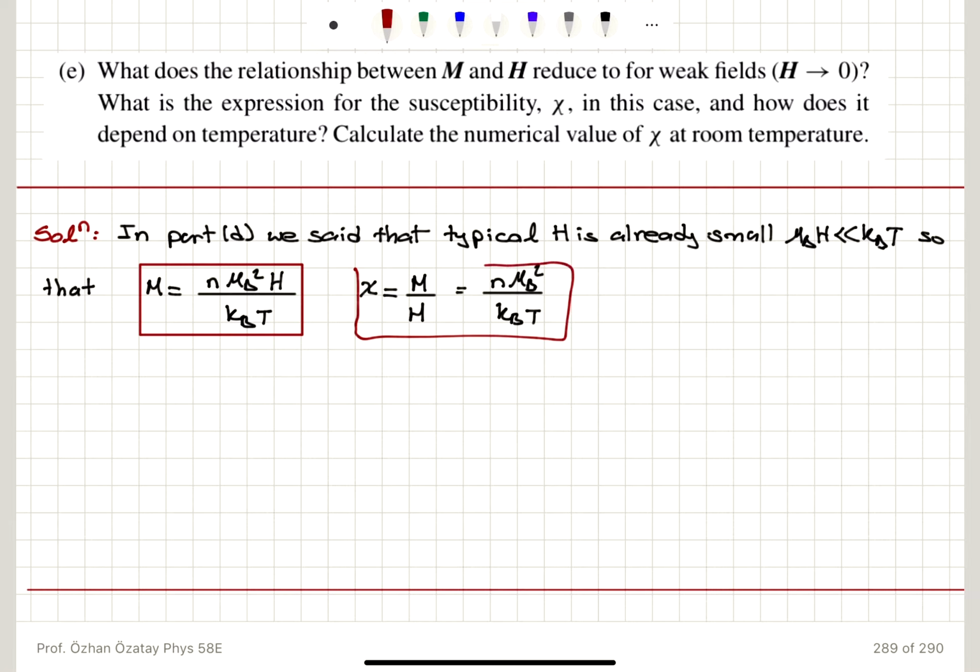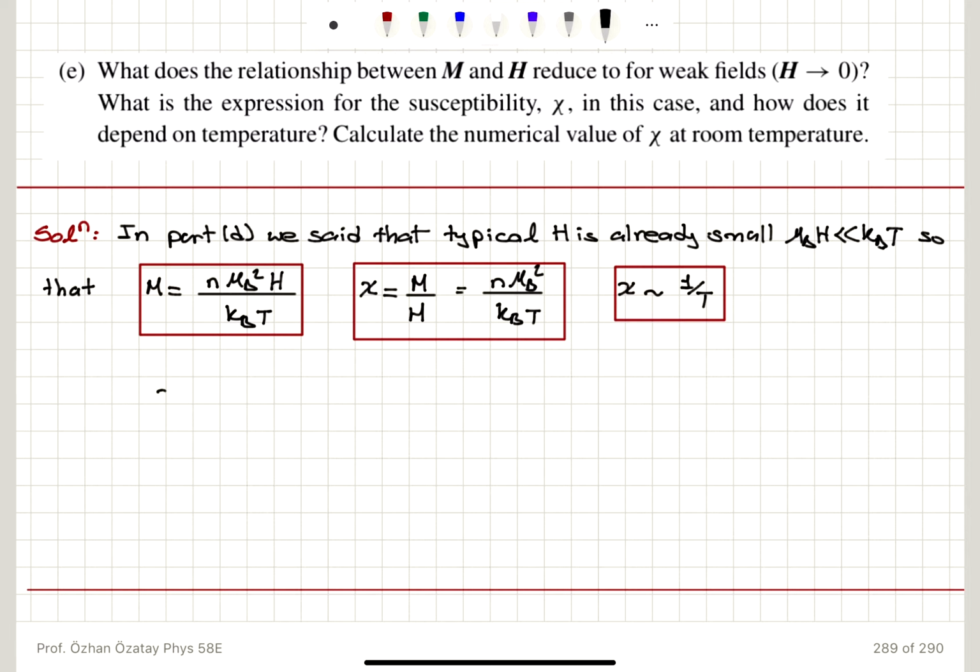And how does it depend on temperature? Well, we have seen that this is varying as 1 over T, because the number of spins per volume is not changing with temperature, and the Bohr magneton and Boltzmann constant are both constants, so they don't depend on temperature.